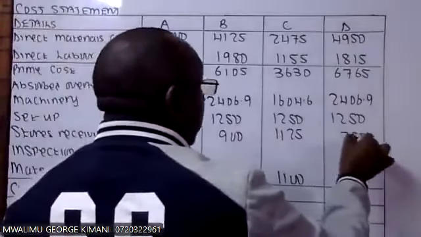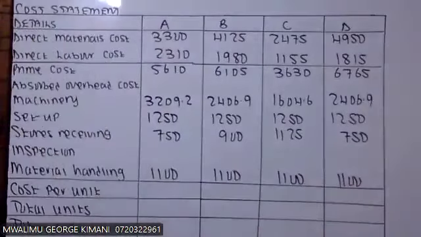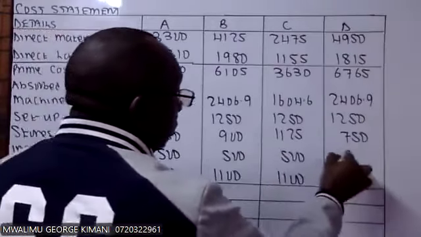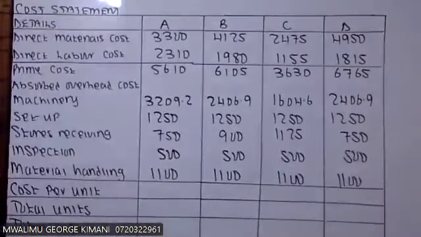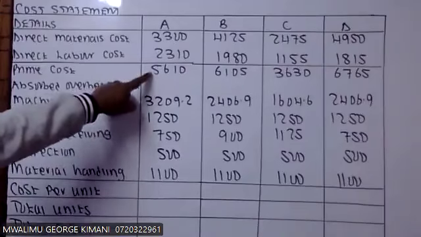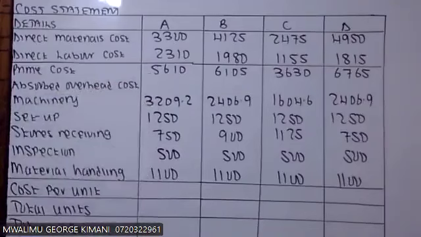Good. Let's go to inspection. $500 for all. So now what you do, you add all this, starting from here at 56. Add all of them up to here.